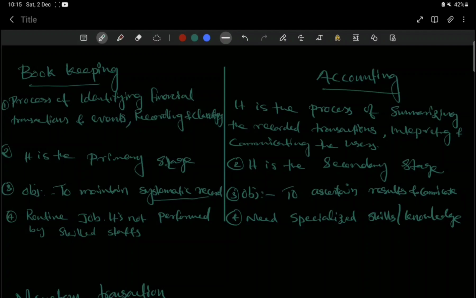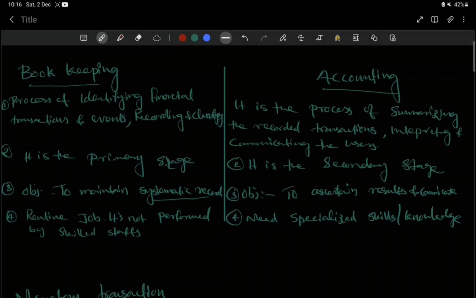But for accounting, the main objective is to ascertain the result and communicate to the users. So bookkeeping is to maintain a systematic record, but the accounting process is to ascertain the results and communicate to the users. That is the key difference between bookkeeping and accounting.